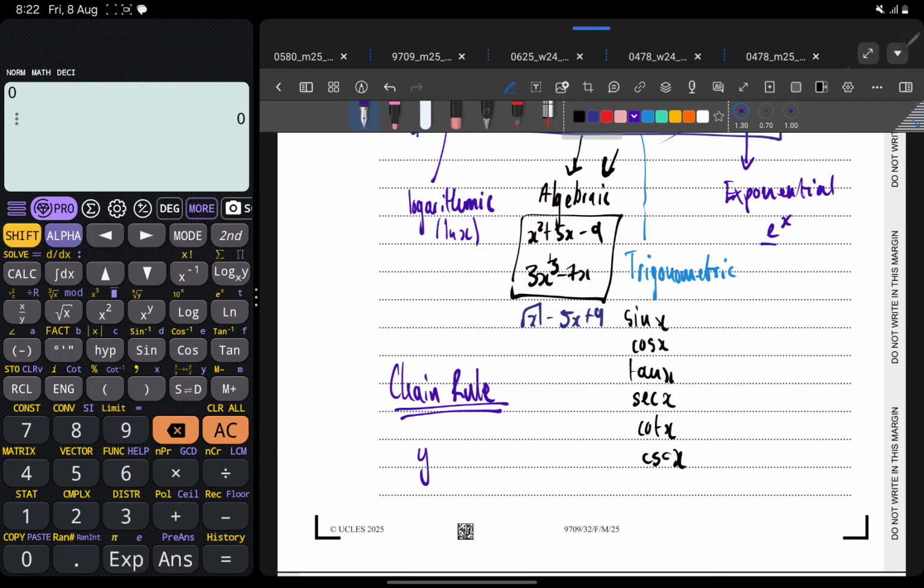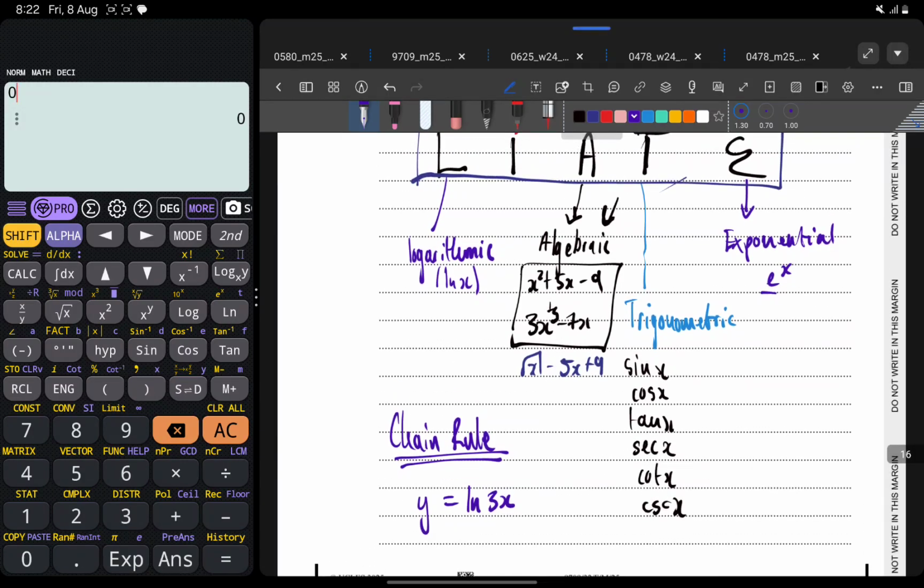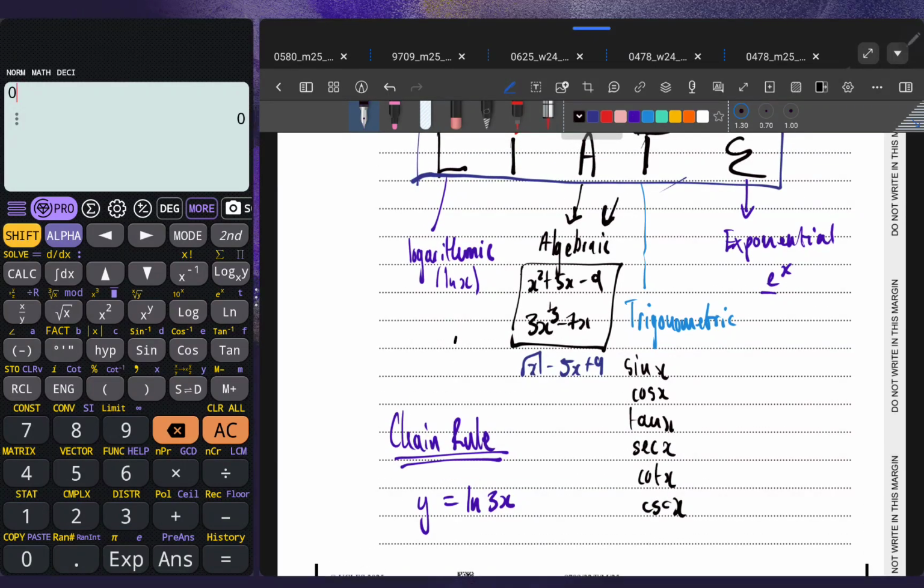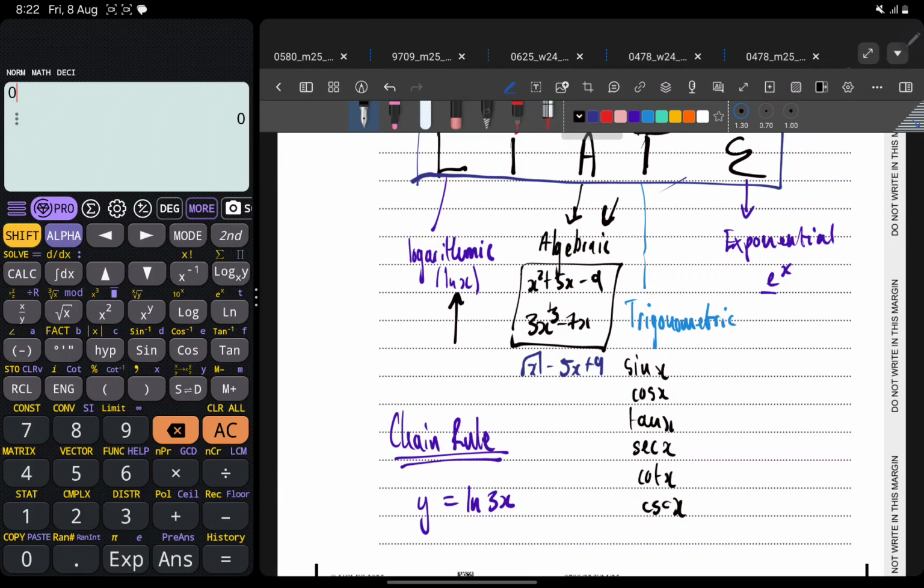If I say, for example, you have y is equal to ln of, let's just start with an easy one, ln of 3x. Now, which function is this? Don't you dare say this is a logarithmic function. You'll be correct and wrong. Because our logarithmic function is y equal to ln x. That's the logarithmic one.